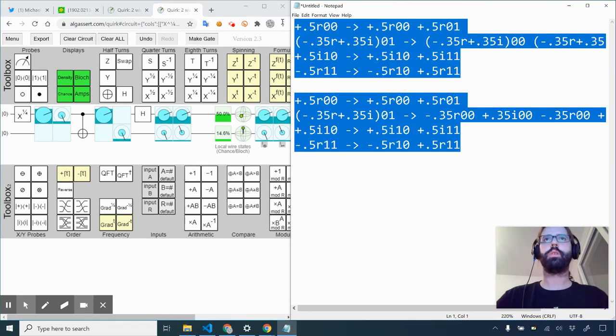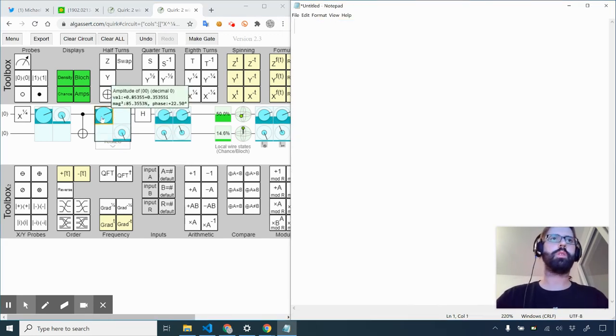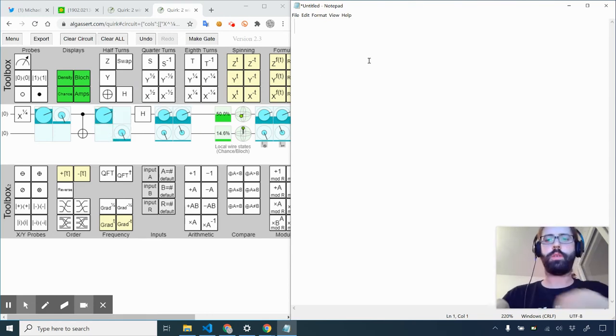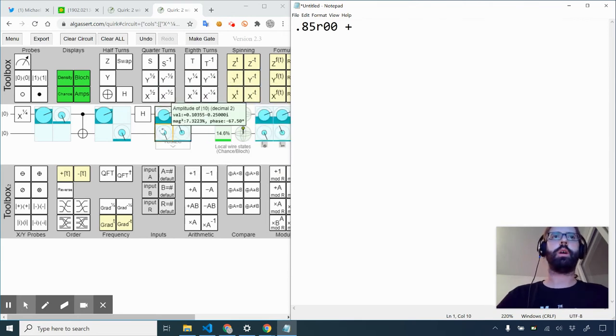So we've got like a 0.85 real, 0 plus 0.35 in complex.